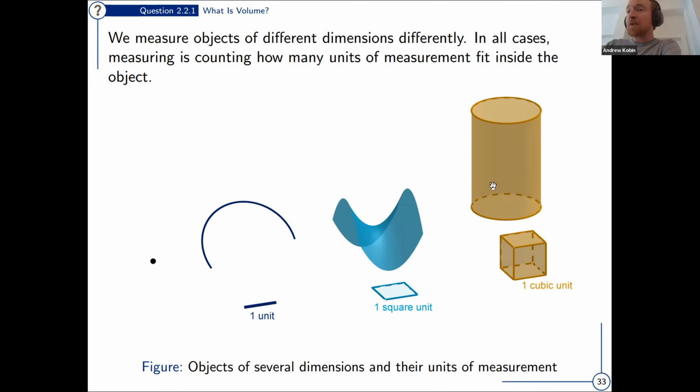We can also take 3-dimensional things, pretend that this is a solid cylinder here. Maybe if we've zoomed in quite a bit on a length of copper wire and chopped it off, and we just want this particular solid cylinder, we could ask how many unit cubes fit inside of this cylinder. So that would tell you about the volume.